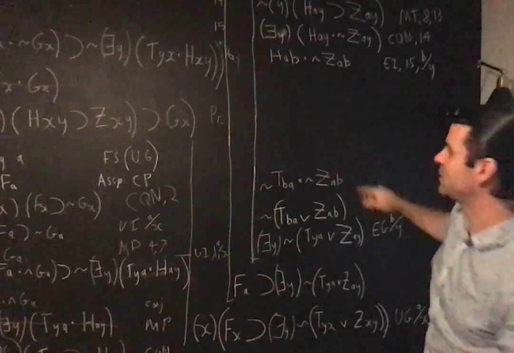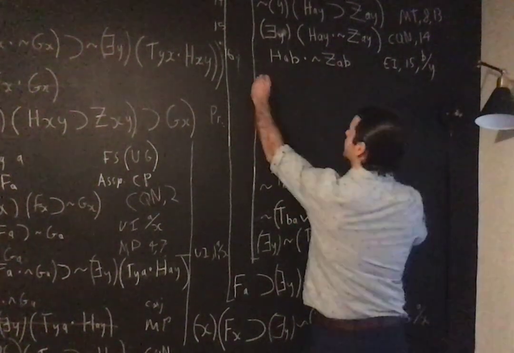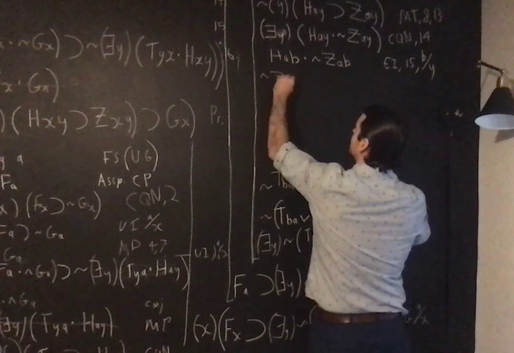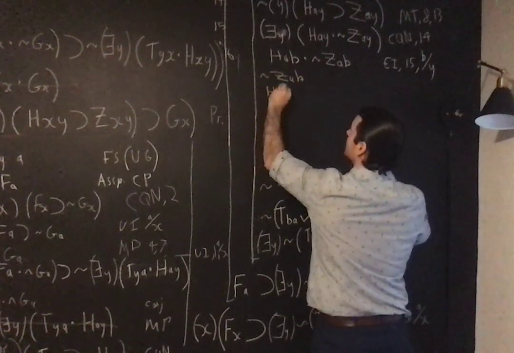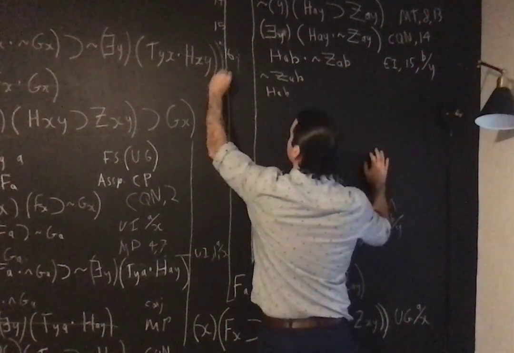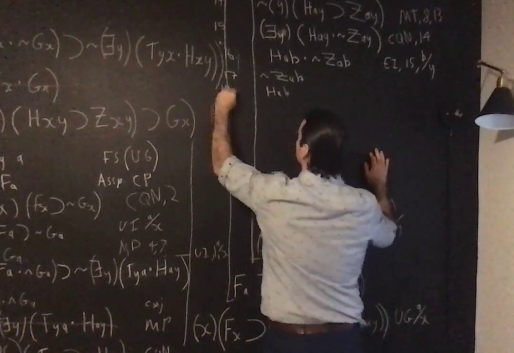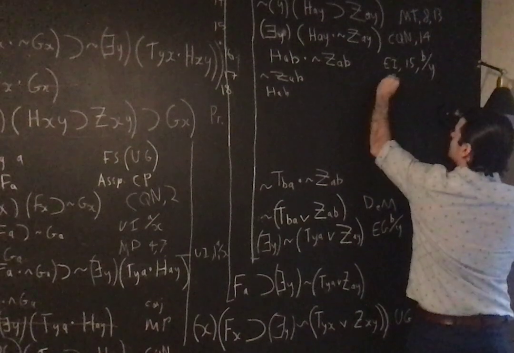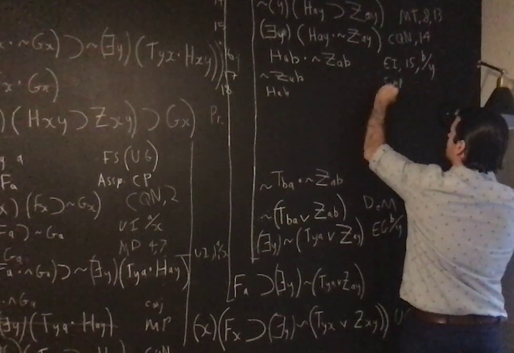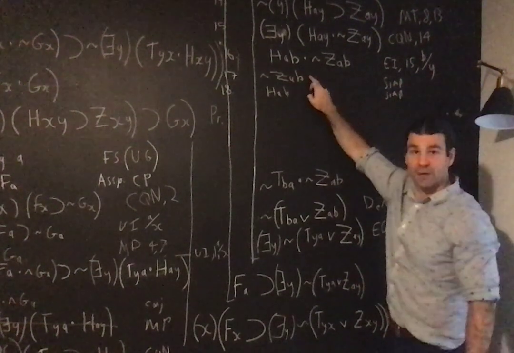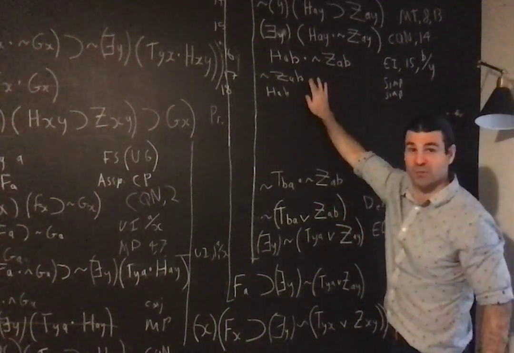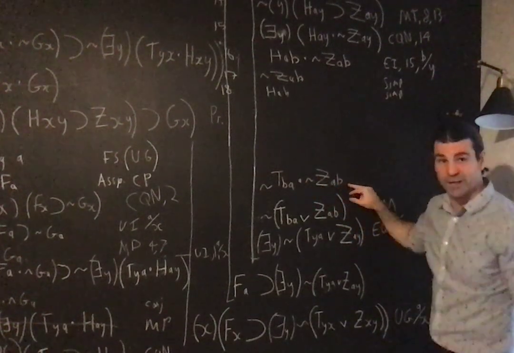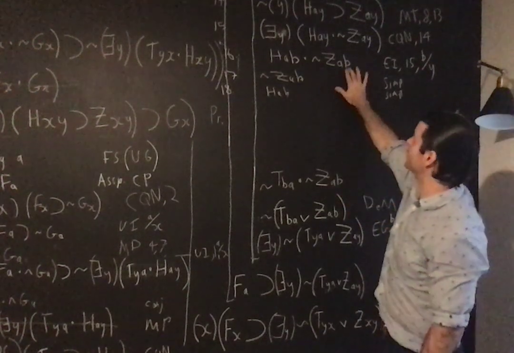Simplifying them both, 17, 19, 18, Sim. That's halfway home. That's exactly the formula we need. It very much jibes with what we're aiming for.